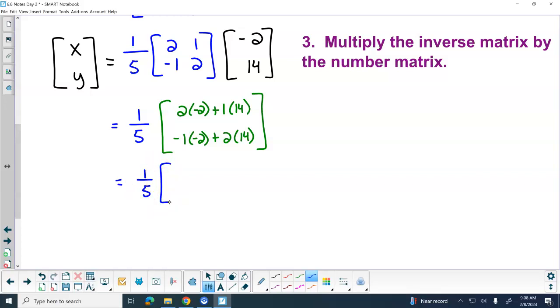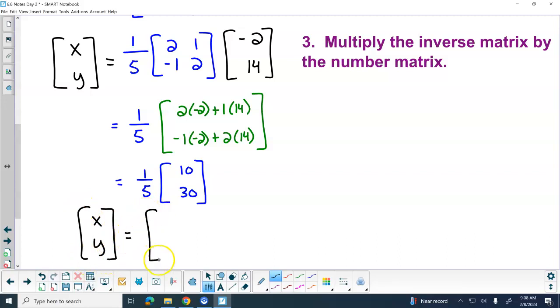2 times negative 2 is negative 4. 1 times 14 is 14. Negative 4 plus 14 is 10. Negative 1 times negative 2 is 2. 2 times 14 is 28. 2 plus 28 is 30. So then we get the matrix x, y is equal to the matrix 2, 6.